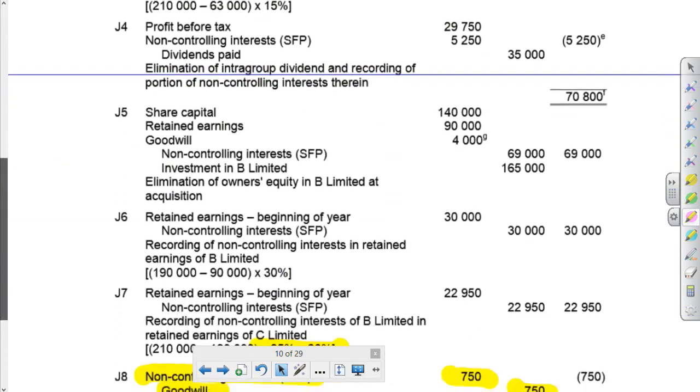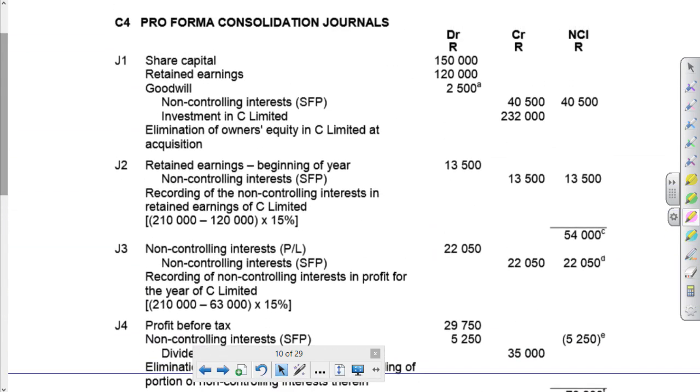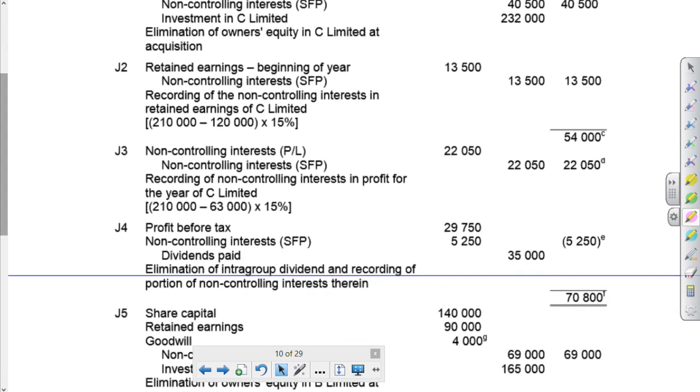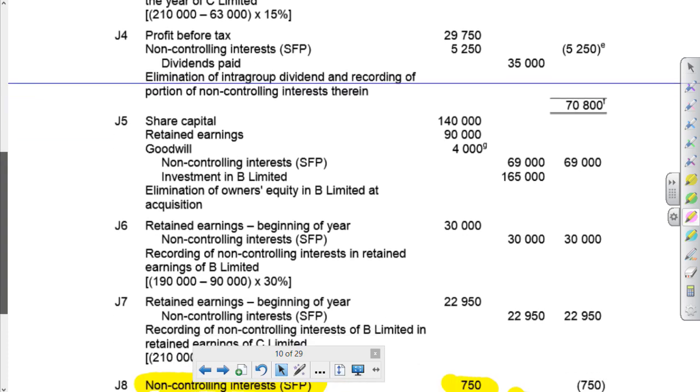Here's the journals. So if we look at the journals, what you'll see in the journals are the journals for the extra bits. So our journals look the same as consolidation journals always looked. Elimination entry, retained earnings going to NCI, profit for the current year going to NCI, dividend elimination, same entry that we always see. Then for the second subsidiary, elimination entry, on acquisition elimination entry, their share of the profits since acquisition to beginning of year.